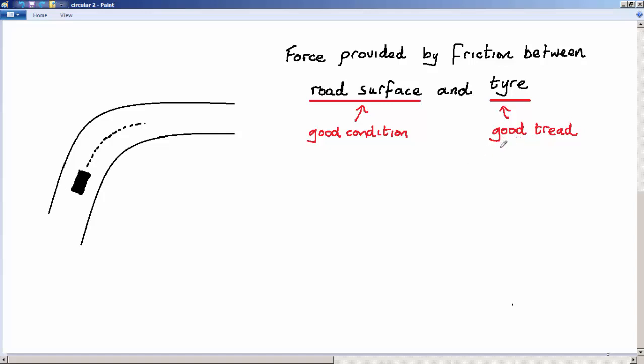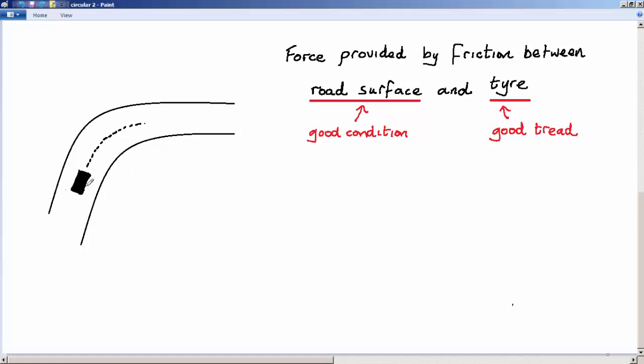So if the tread of a tire starts wearing down, then that would reduce the maximum friction that the tires of the car can provide. So that could endanger the driver and passengers.